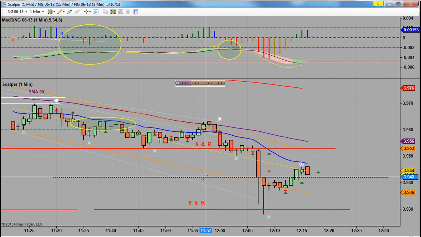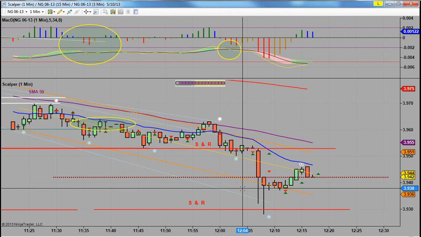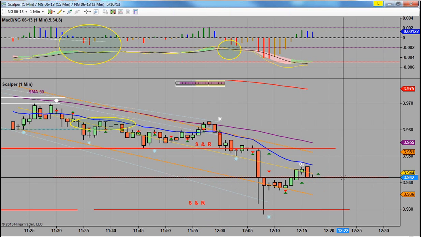And you can do this at any point, because they very rarely ever go in a straight line to target.